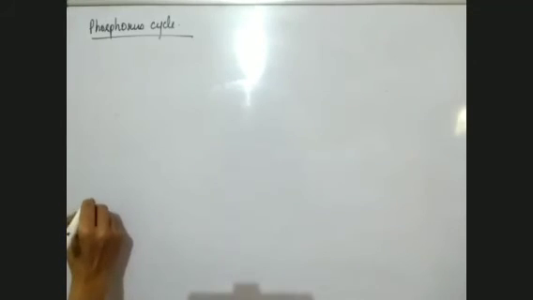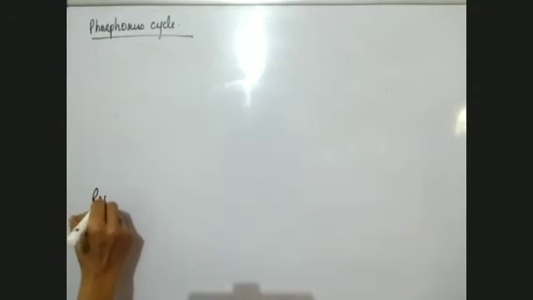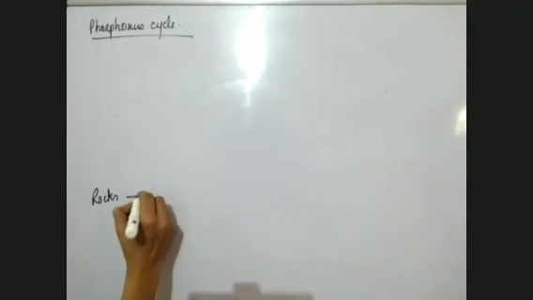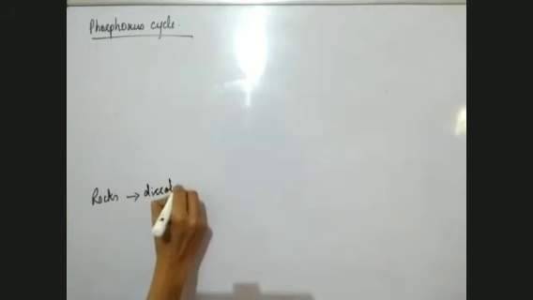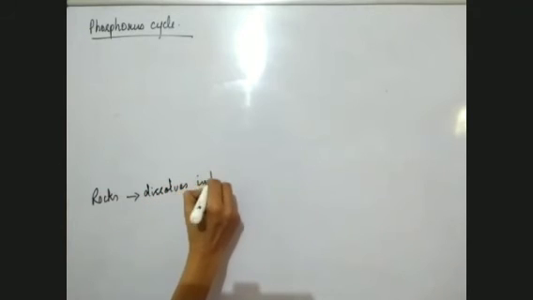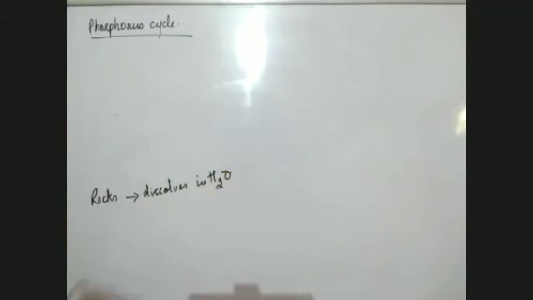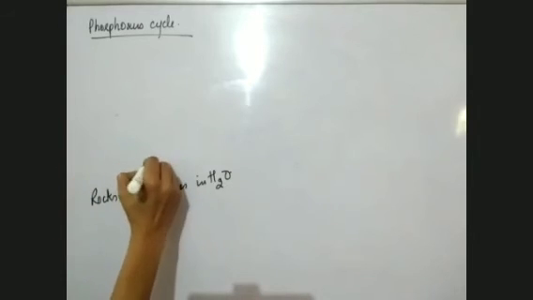The phosphorus cycle. The phosphorus is present in rocks under the soil. From the rocks, it gets dissolved in water. Now, when it dissolves in water, who will take it? This dissolved material will be taken up by the plants.